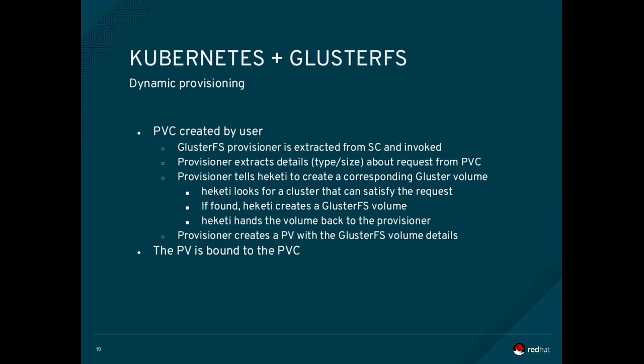And then the provisioner, via Heketi's REST interface, tells Heketi to create a corresponding Gluster volume that matches these attributes. Heketi, in turn, since it can manage multiple Gluster clusters, first searches for a cluster that can fit these requests. If no cluster can be found, obviously, then we return an error. But if one is found, Heketi then executes the actual low-level Gluster commands to create the volume.